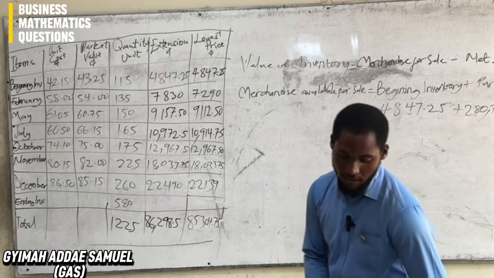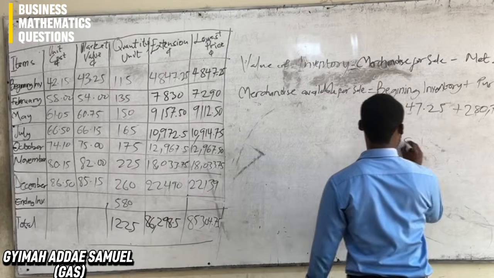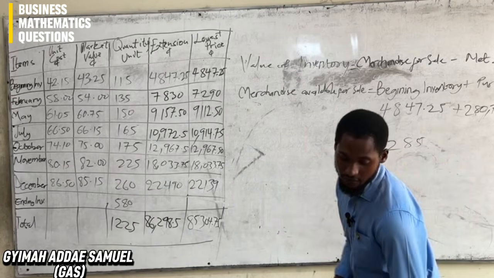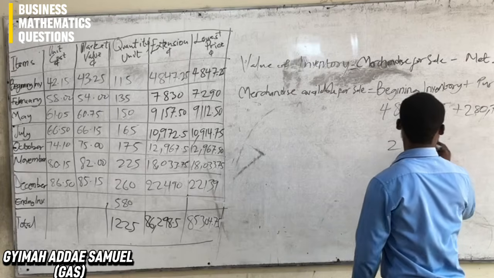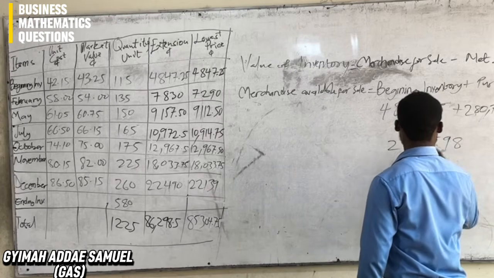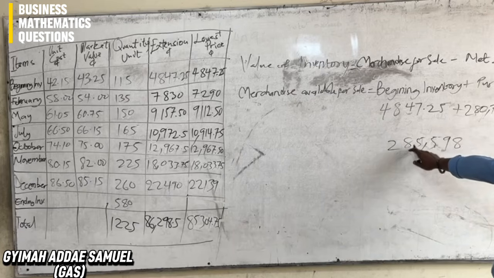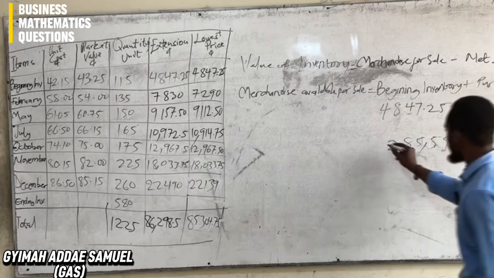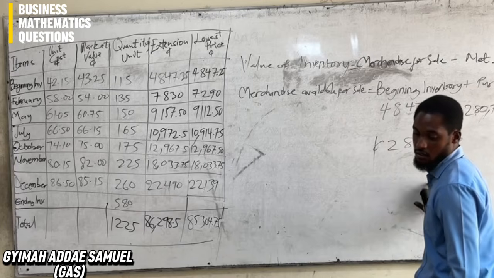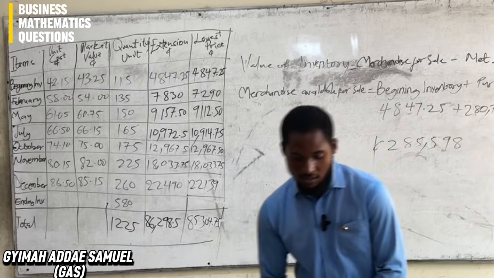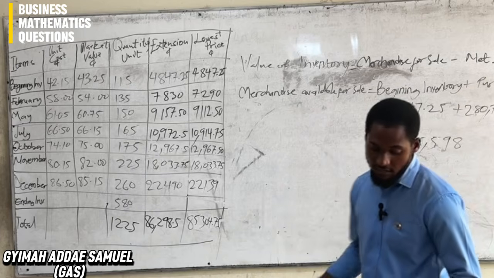When you add, you are getting 285,598 cedis.